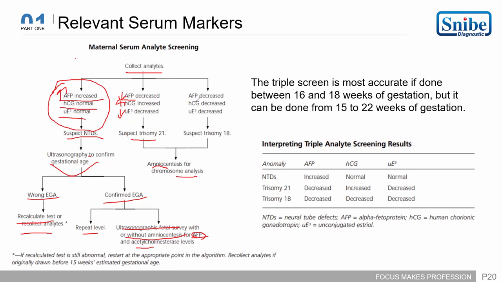If the alpha fetoprotein is decreased, unconjugated estriol is decreased, and along with the free beta HCG all these parameters are decreased during 16 to 18 weeks, or 15 to 22 weeks of gestation, that may lead to suspected trisomy 18.